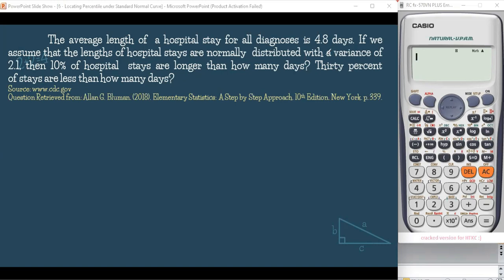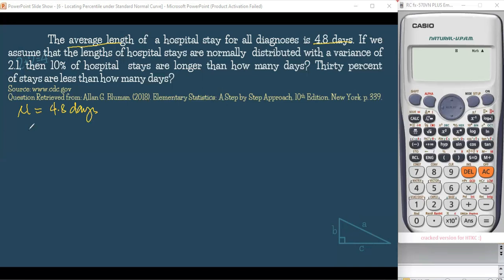So, first things first, let's identify the given. We have here the average length is 4.8 days. So meaning to say that is the population mean. Since the mean po is also known as the average, so the population mean is equal to 4.8 days. And we also have the variance daw po of 2.1.